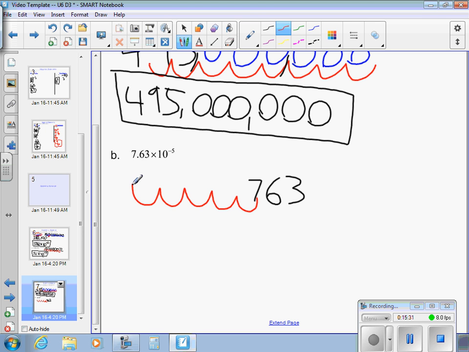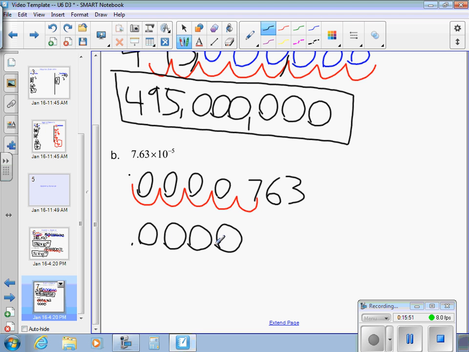Now my decimal point is here, and I need some zeros to fill in. A 0 here, a 0 here, a 0 here, and a 0 here. So my number now is 0.00000763.